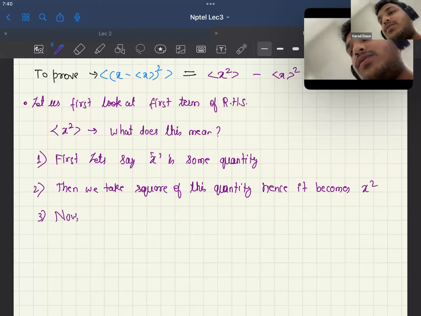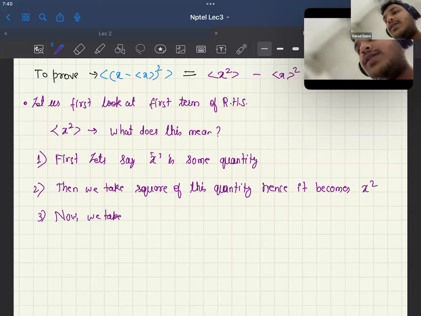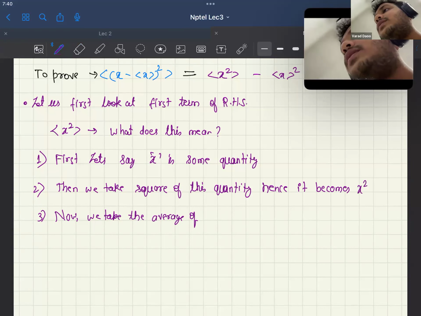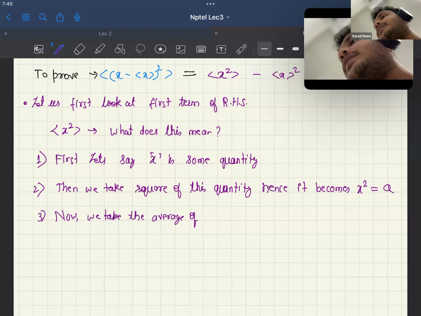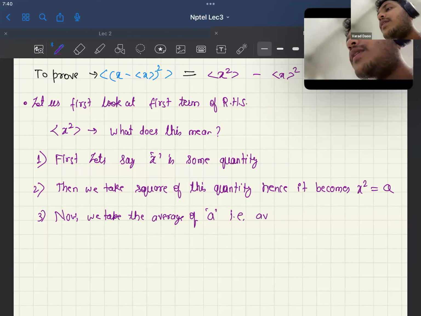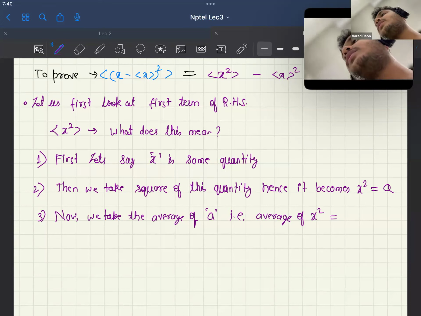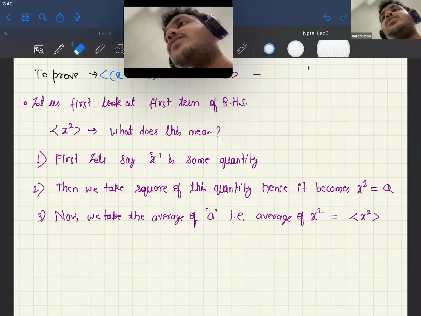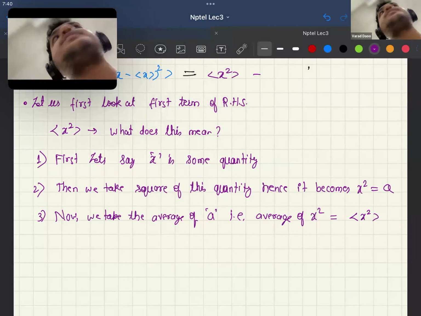Now we take the average of it. Let's denote this x squared by a. Now we take the average of a, that is the average of x squared. Let me write this down with a different color so that it becomes very clear.